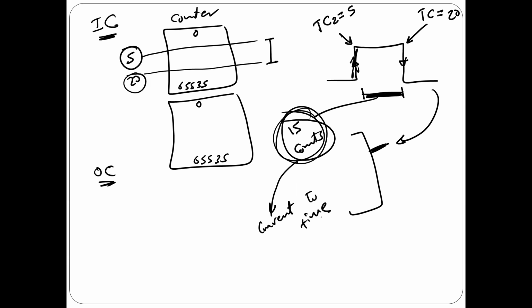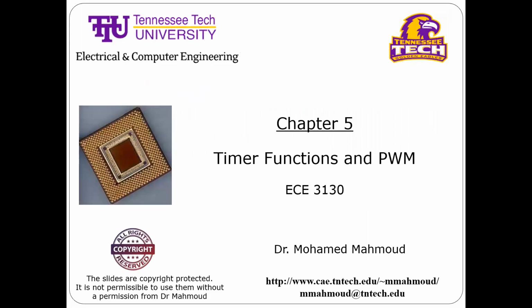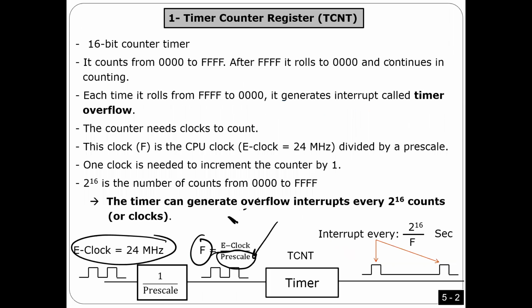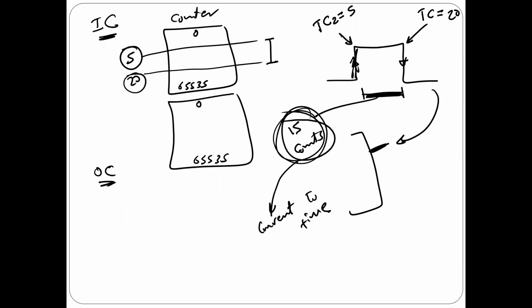Simply because, as I explained, I already know the time for each count is 1/f. And I already know f because I already programmed the prescale. So I already know how much time it needs to make one count. So if the timer counted 5 times, the time should equal 5 times 1/f. That is how it works.